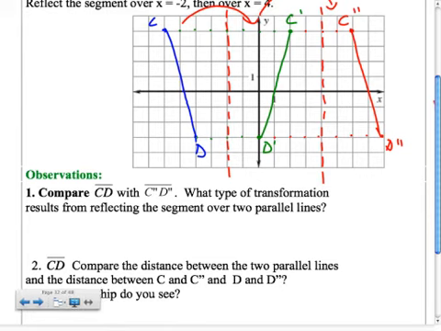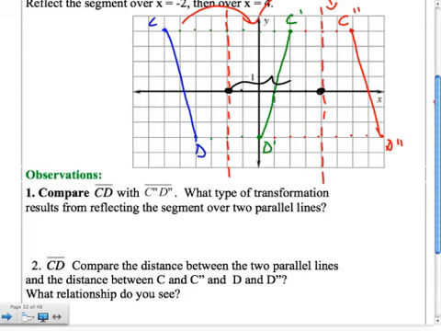Okay, I'm going to try to keep it up here as much as I can. So part 2 here says, now look at the distance between the two parallel lines. First, the distance from this point to this point, that's the distance between the two lines. It's 1, 2, 3, 4, 5, 6. So the distance between the two parallel lines is 6. Now it says compare the distances from C to C prime and C to C double prime and D to D double prime.